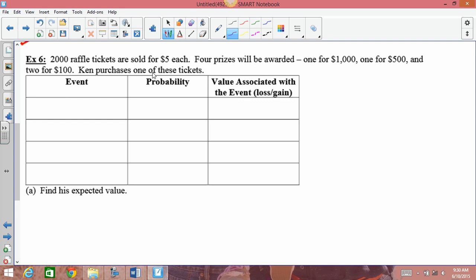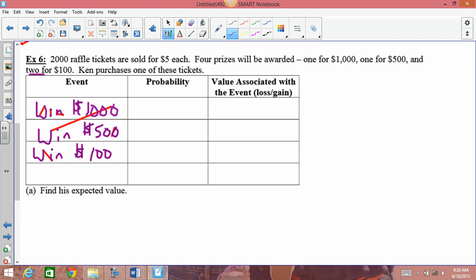So, as you can see, he could win $1,000. He could win $500. He could win $100. I don't need to write win 100 twice. I know that there are 2 of them, 2 winnings there. I'm going to be able to put that 2 into the probability, because these are the prizes that you can win, but you could also lose.